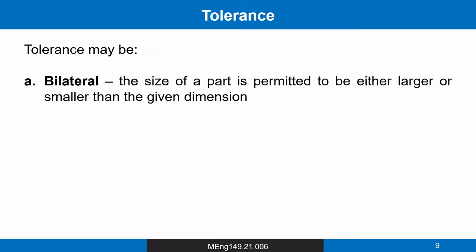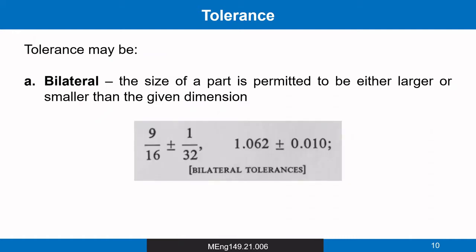First is the bilateral tolerance. As the name suggests, the size of a part is permitted to be either larger or smaller than the given dimension. So what is specified in the expression is that it can be bigger or smaller than its given dimension.